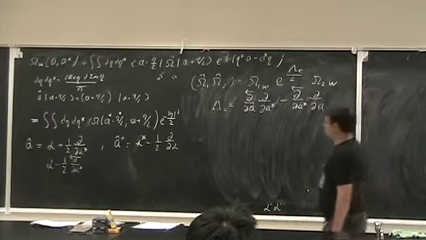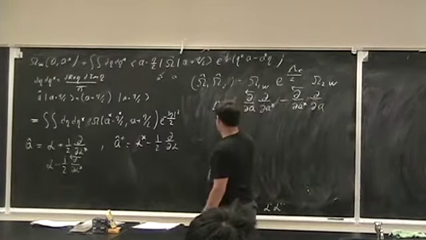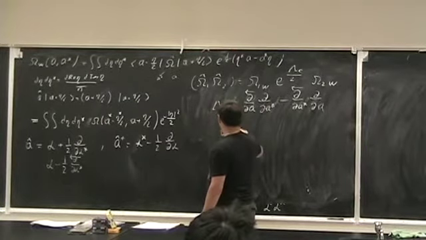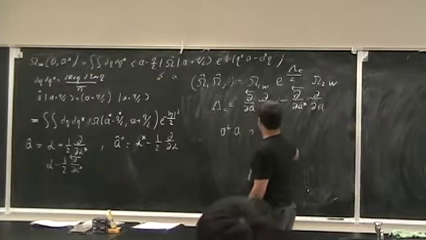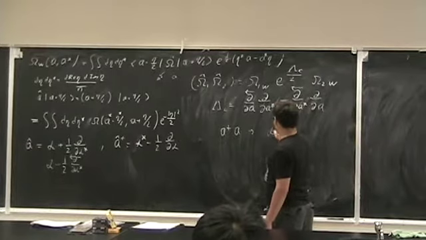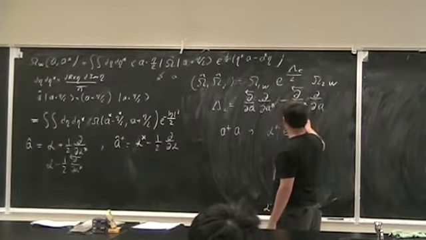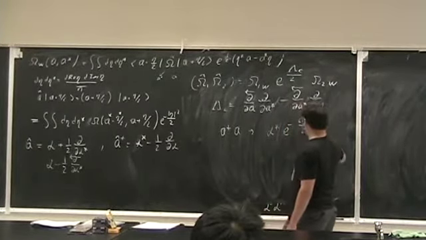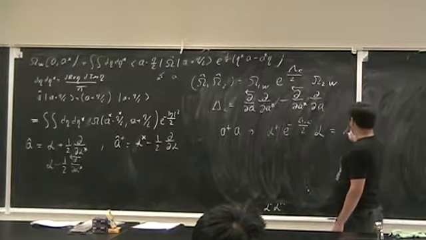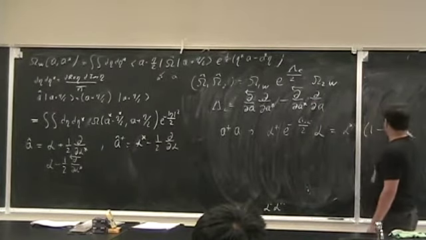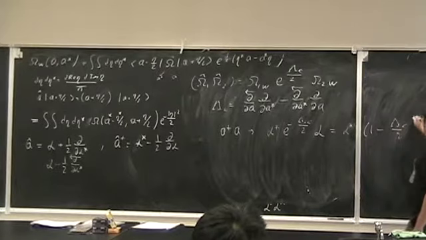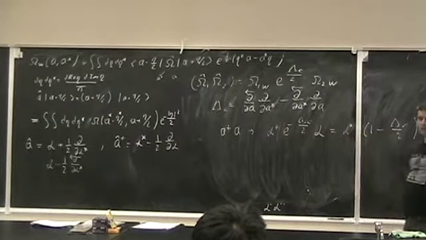So again, instead of doing any calculations, let's just check that it works only for a dagger a. Then we want to write that this is alpha star e to the minus lambda c over 2 alpha, which is the same as alpha star times 1 minus lambda c over 2 alpha. Again, there are no other terms because no high order derivatives act on alpha.